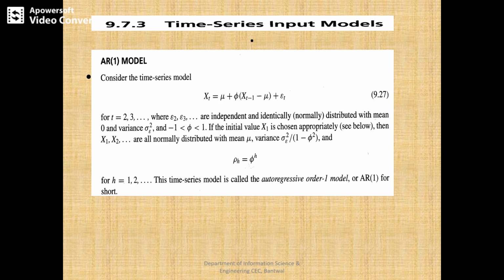So this time series model is called autoregressive order 1, or AR(1) model in short. This is enough for the definition of the autoregressive model.